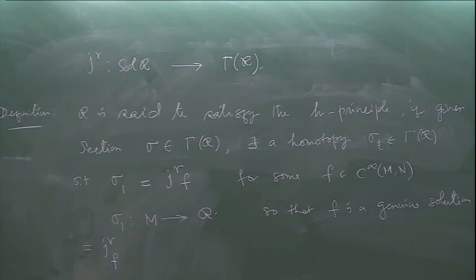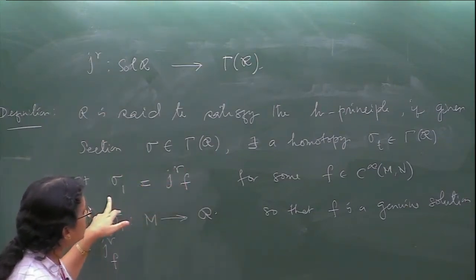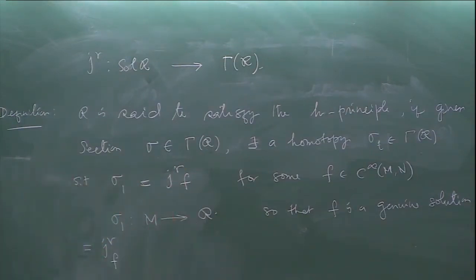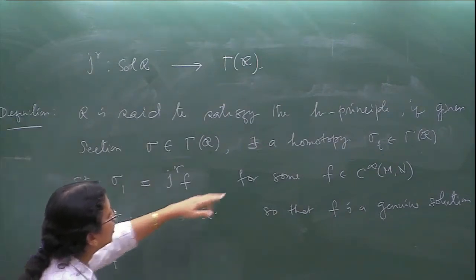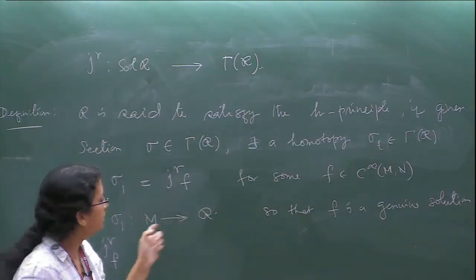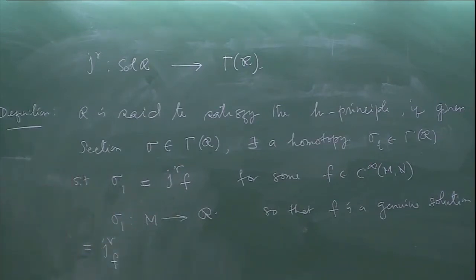Now such sections which are sections of R but actually coming from some f are called holonomic sections. Let us not bother, but suppose I say at a certain point that I can homotope a section to a genuine solution. I mean this because I have already identified the genuine solutions inside the formal solutions. So there is no harm if I say so.